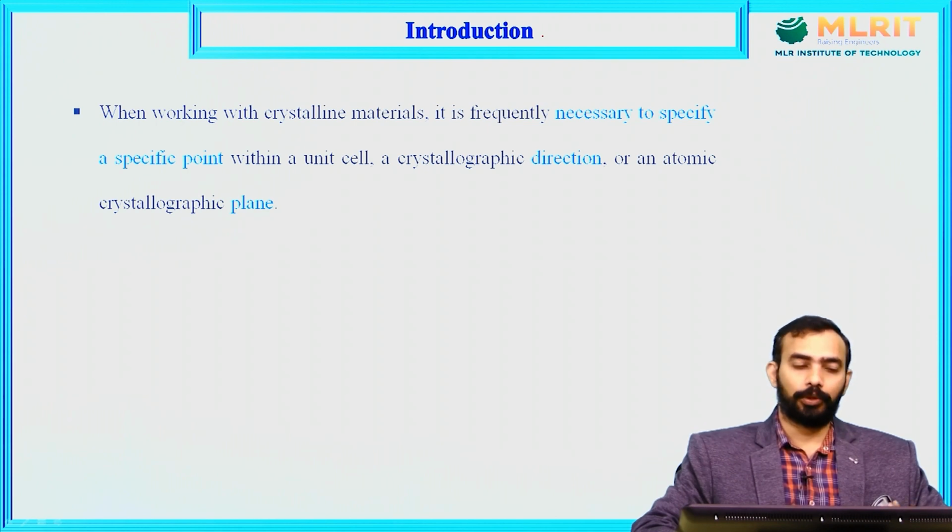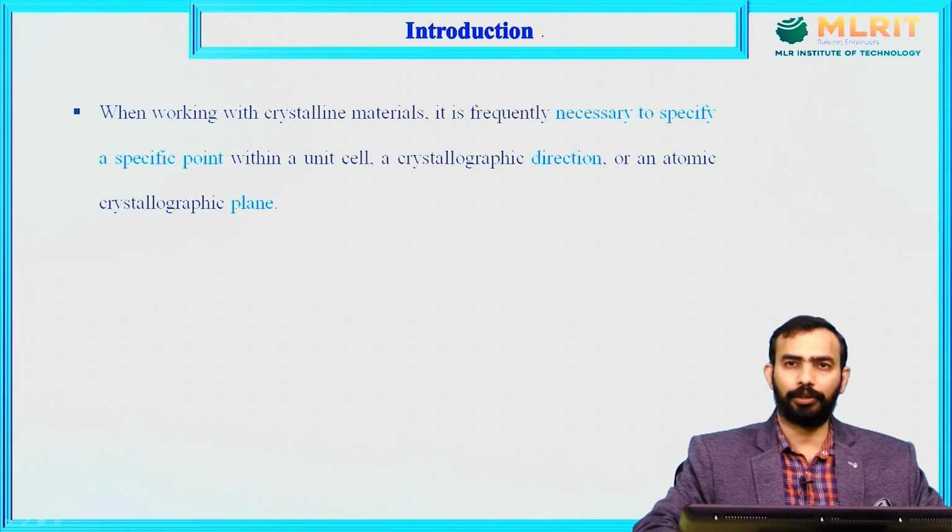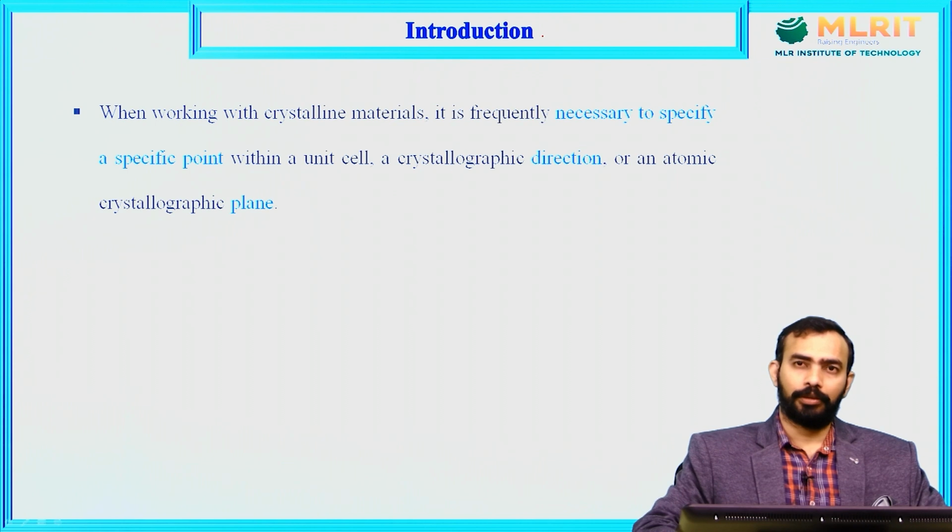So, when you are working with crystalline materials, metallic crystalline materials to be precise, it is frequently necessary to specify a particular point within a unit cell. You may also need to specify a particular crystallographic direction, or a particular crystallographic plane.